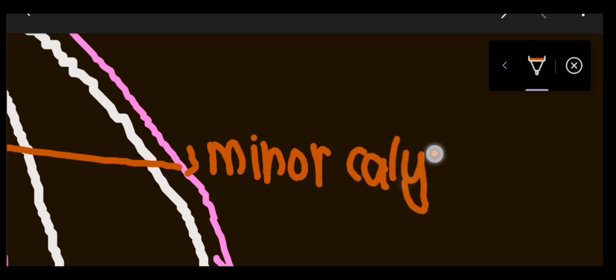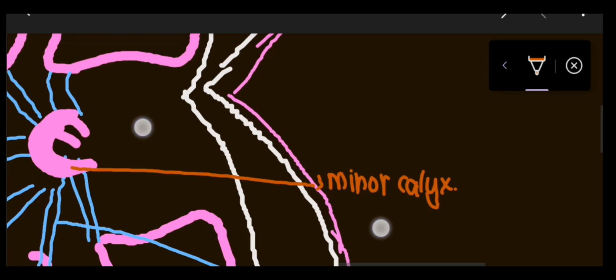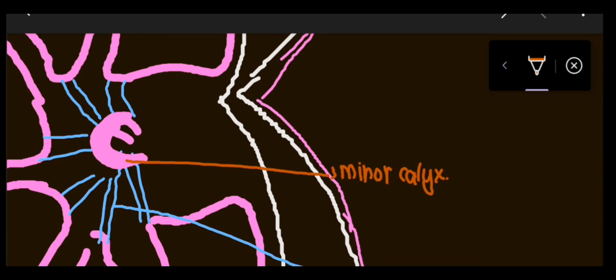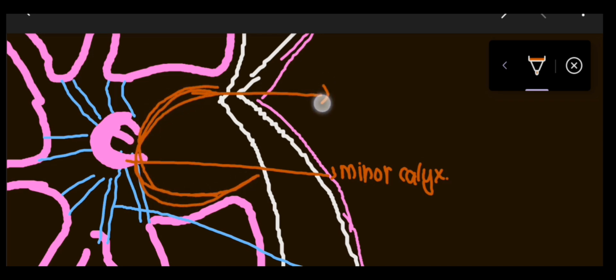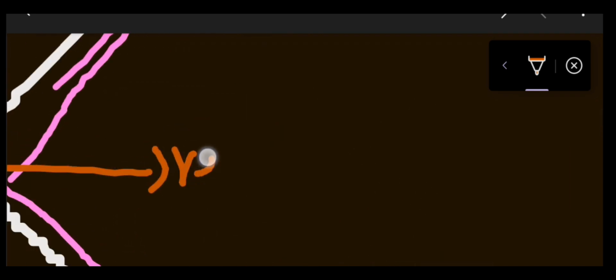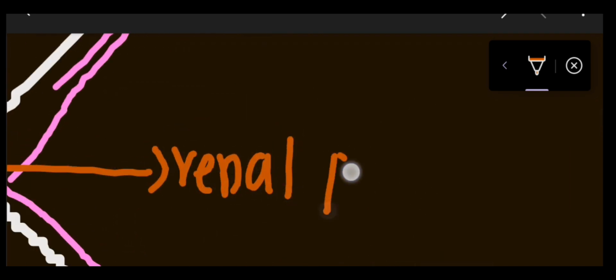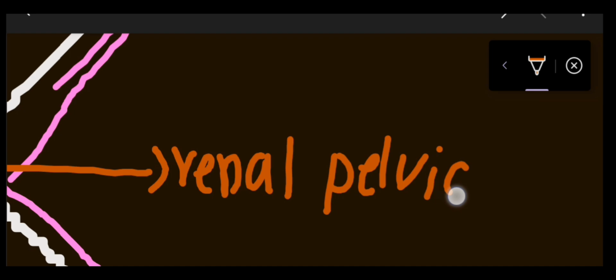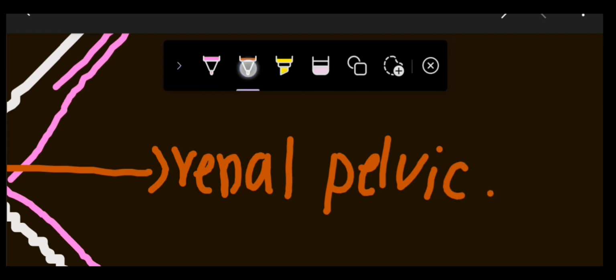Now these minor calyces will combine and form one structure, which is known as renal pelvis. This structure is known as renal pelvis.